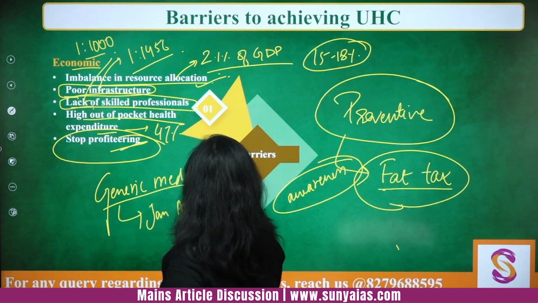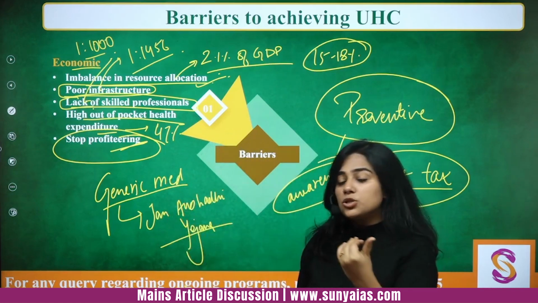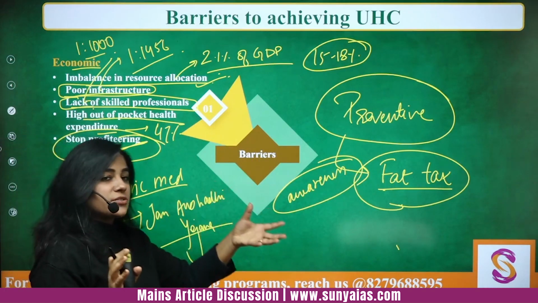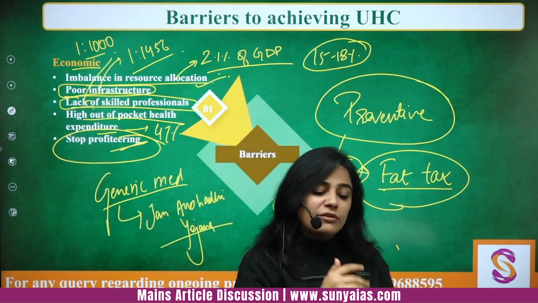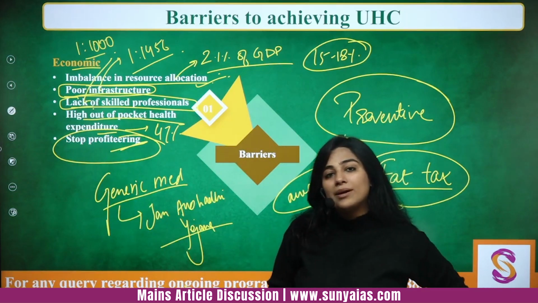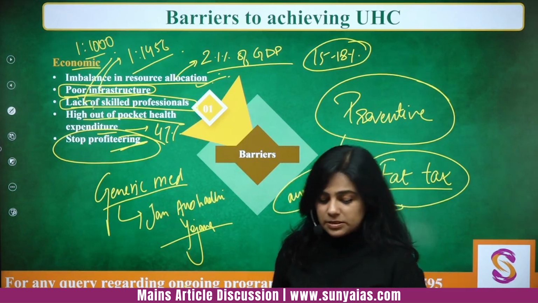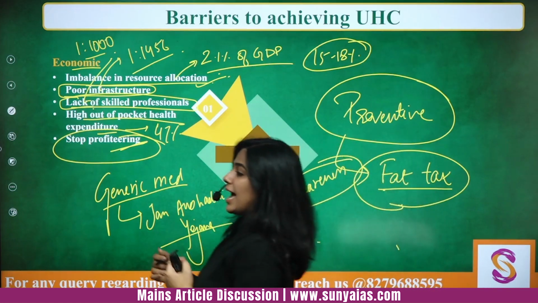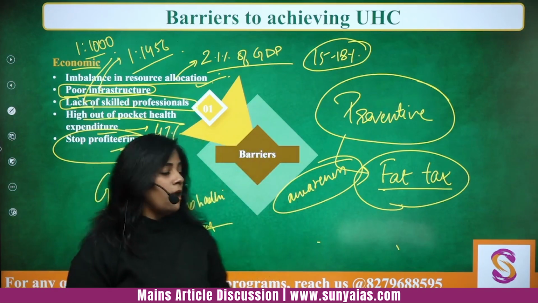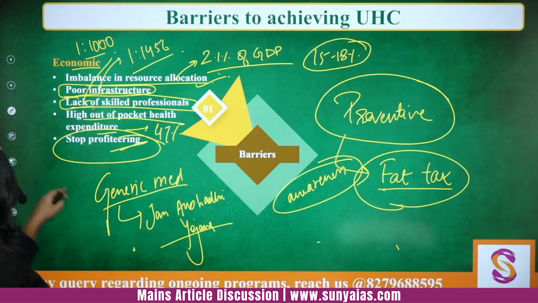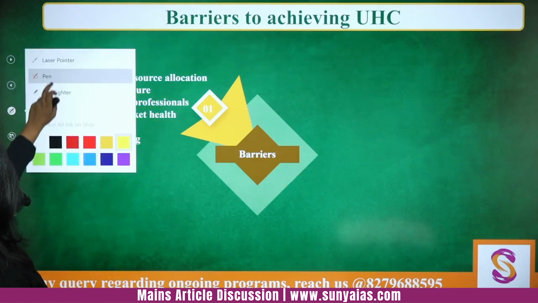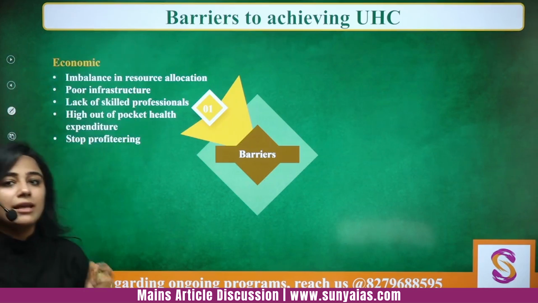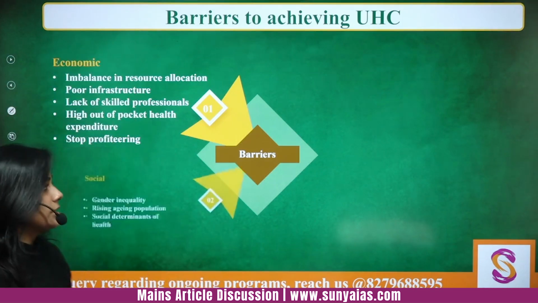This is a part of universal health coverage, because once you take away that consciousness from the mind of people that I have to go only for the branded medicines, no matter how expensive they are, then the coverage automatically increases because the access to medicines increases. So Jan Aushadhi Yojana is also a very important aspect of universal health coverage. Everything that helps you in attaining good health levels is a part of universal health coverage.